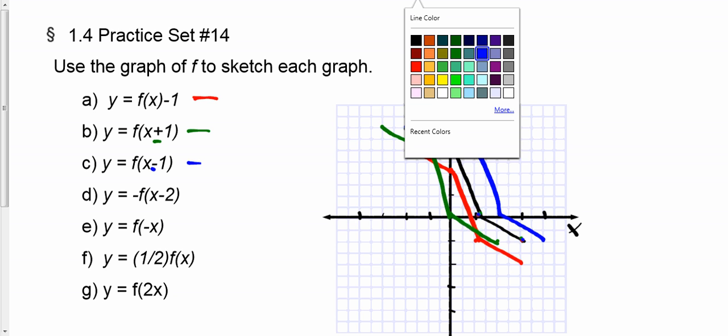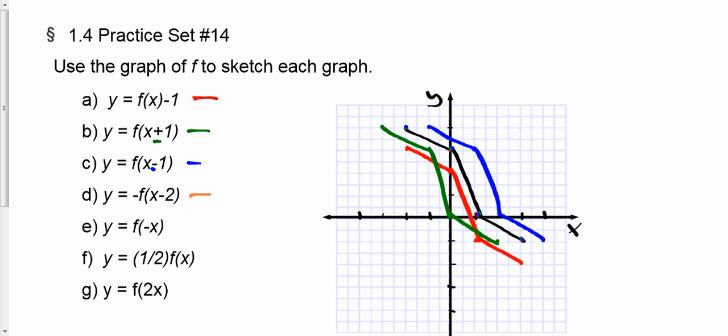Okay? Now I'm going to change to a different color. Let's do orange. And it's going to be negative f of the quantity x minus 2. So first thing I do is I move this 2 units to the right from my black line. And that's what this part does. After I move it 2 to the right, I reflect it about the x-axis. And that's what that part tells me.